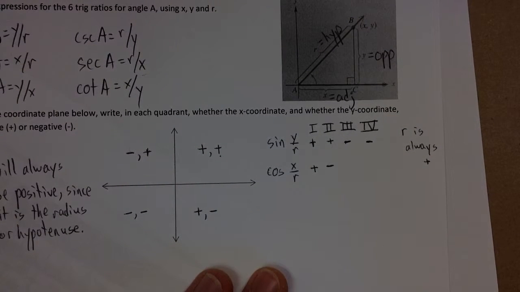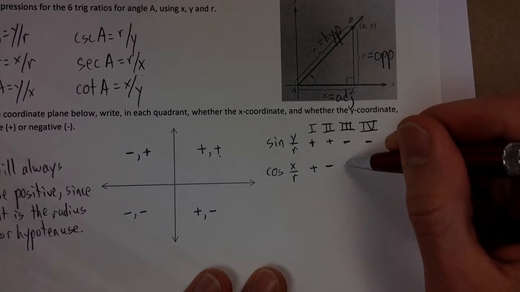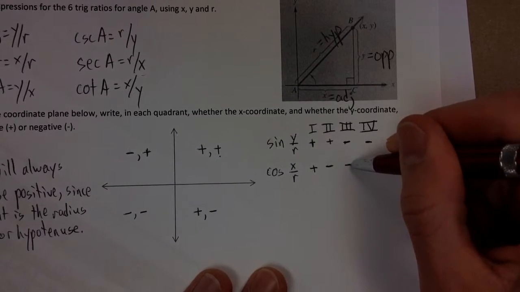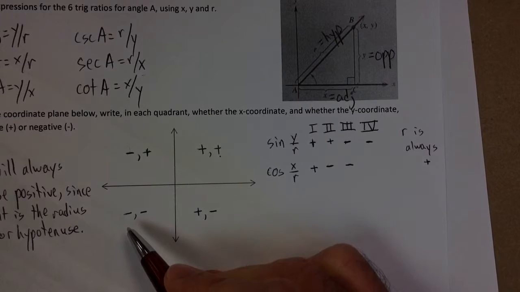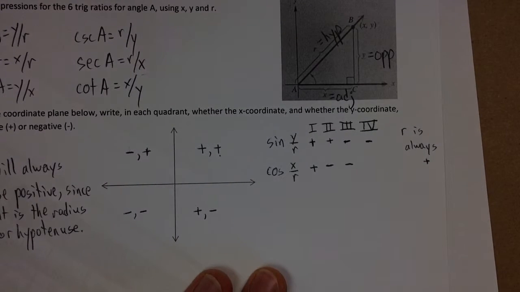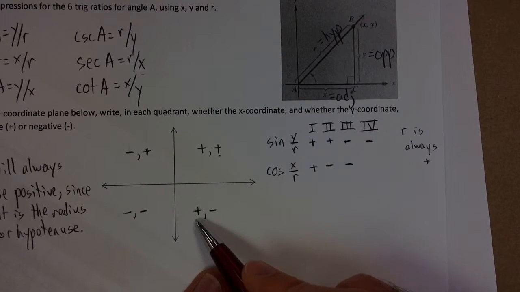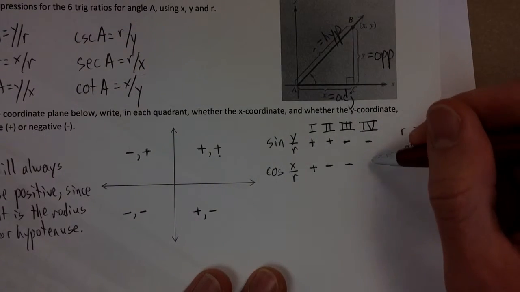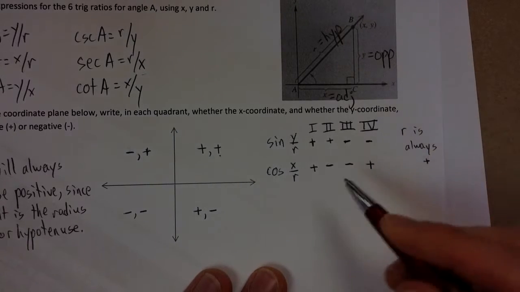Brooke, quad 3, cosine, positive or negative? Negative. That's because you have a negative over a positive, which is a negative. Good. Jordan, cosine, quad 4, positive or negative? It's positive because the x-coordinate is positive in the fourth quadrant. Any questions on the cosine row?